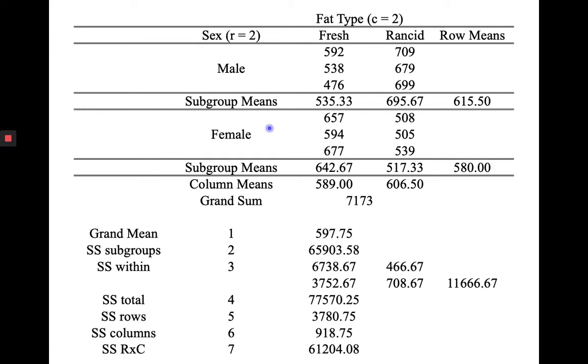Fixed effects are where your experiment contains all of the levels of that variable that you might be interested in. In the case of sex, it contains all of them because among rats there are only males and females, and among fat types there may be other fat types, but these are the only two fat types that are of interest to the researchers. These aren't a random sampling of a variety of fat types.